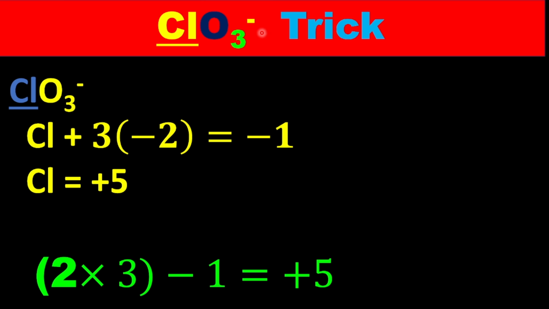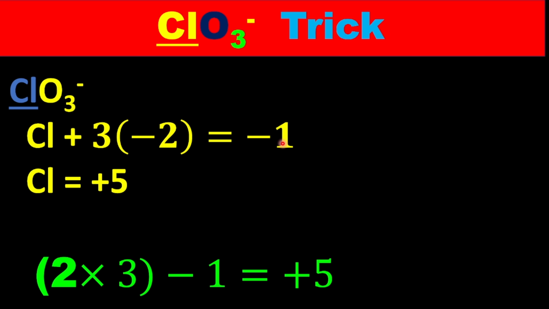Now let's try the trick with more examples. We have ClO3 minus. Now in this example, we have a charge. So when we expand, we have to equate it to minus 1, which is the charge over here, as you can see.